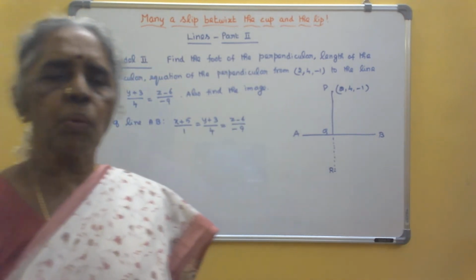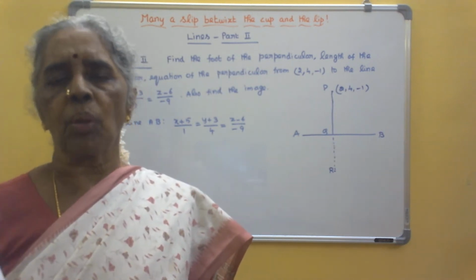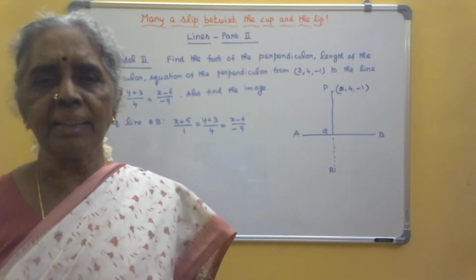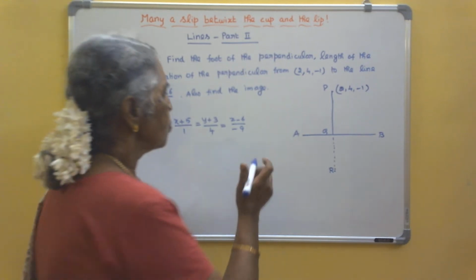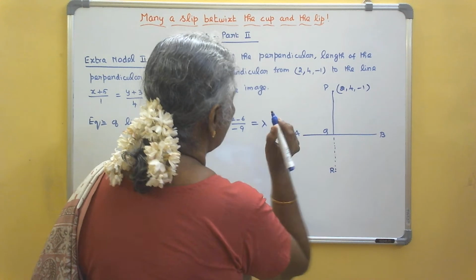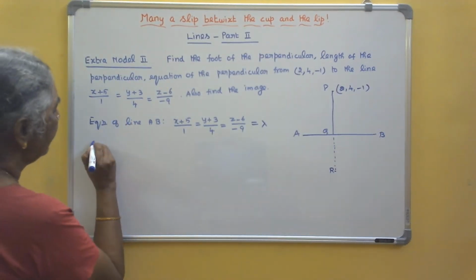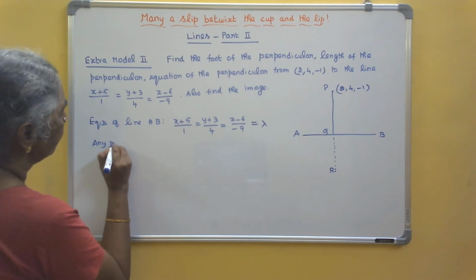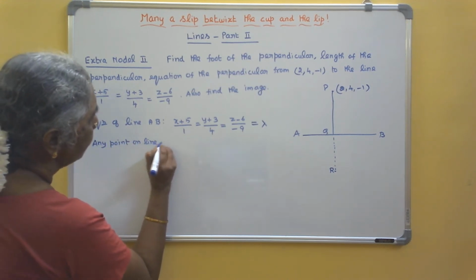In the previous module I taught you that in a line we can equate it to some constant and we will be getting any general point in terms of that constant. So now I will equate it to some lambda. That means I can find any point on line AB.